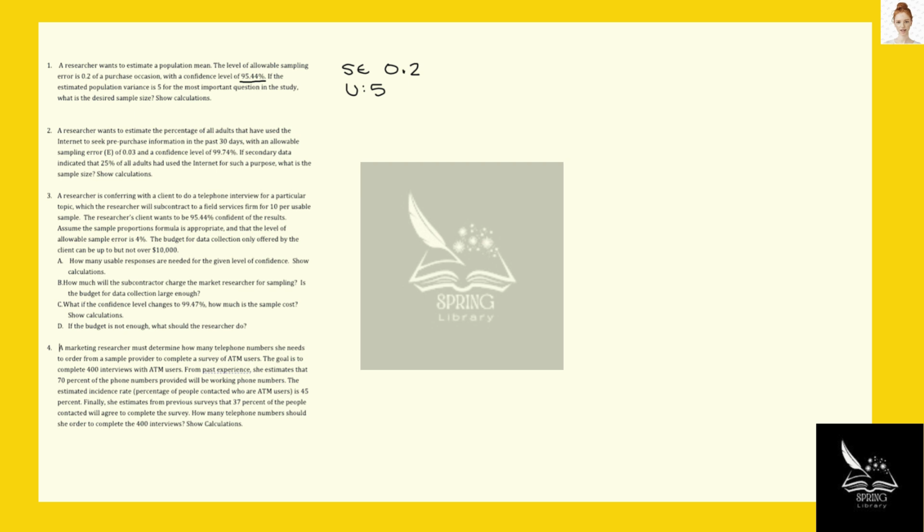So we know that 0.2 equals now the square root of 5. So square root of 5 is approximately 2.236. So then I have 2.236 over the square root of n.